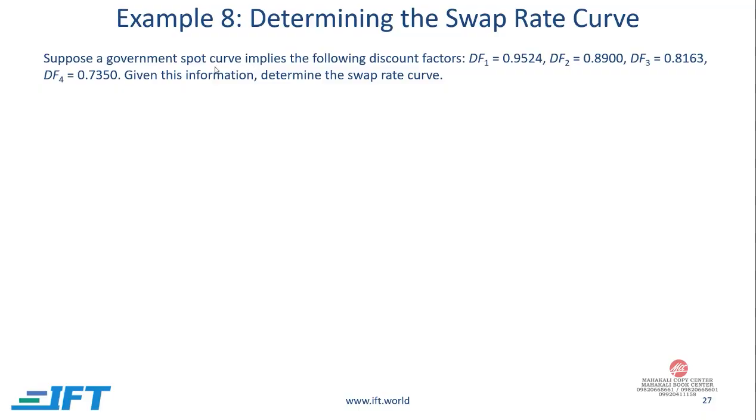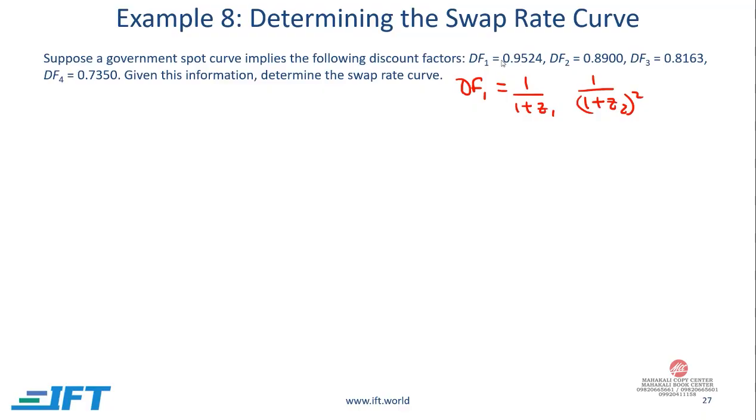Suppose a government spot curve implies the following discount factors. Given this information, determine the swap rate curve. Now, as I just said, if you are given these discount factors, the first thing you can do is calculate the spot rates. And we've seen the relationship before. So df1 is going to be 1 over 1 plus Z1. df2 is going to be 1 over (1 plus Z2) squared, and so on.